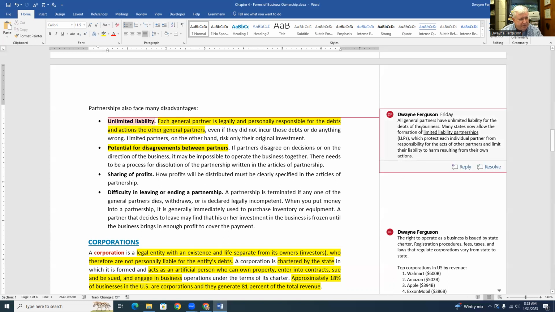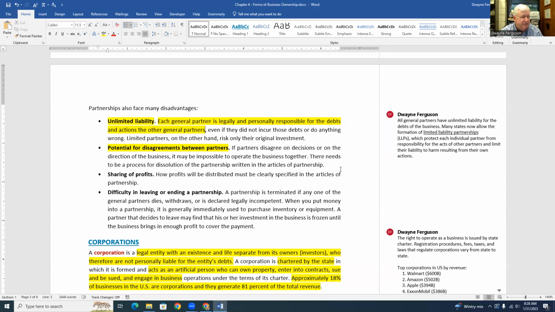So on the far right over here, I put some information. All general partners have unlimited liability for the debts of the business. Many states now allow the formation of limited liability partnerships, LLPs. We'll talk about LLCs, limited liability corporations and partnerships later. But if you want to be protected from the debts and the actions of your other partners, you need to have limited liability.